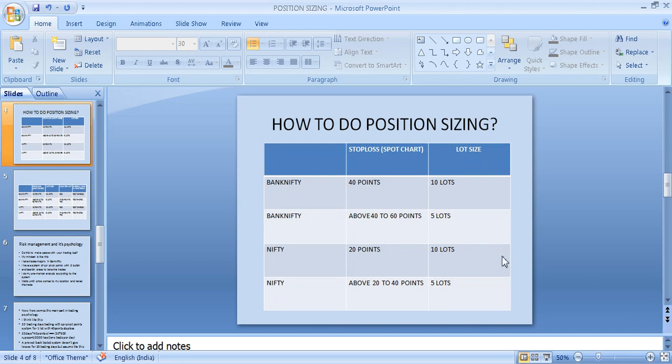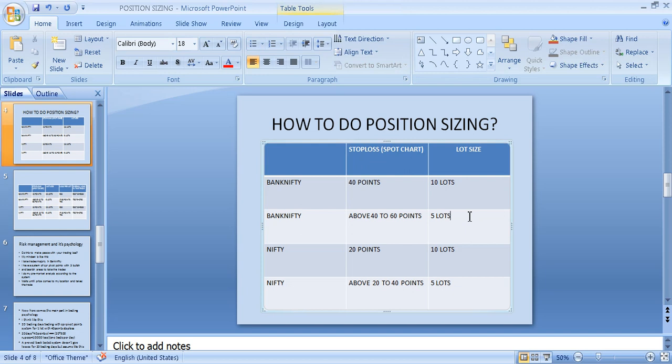With Bank Nifty, my stop loss in the spot chart is 40 points and the lot size is 10 lots. If the stop loss points I calculated are below 40 points, I will go with 10 lots. If the stop loss points are above 40 to 60 points, I will go with 5 lots, because the only thing you can control in the markets is your stop loss.